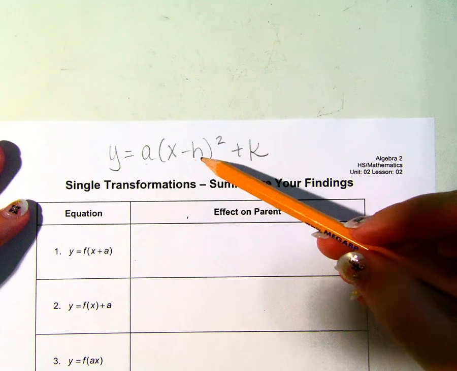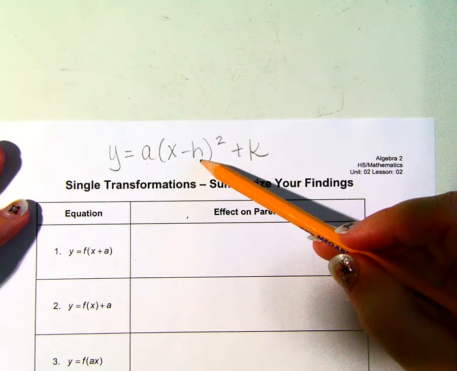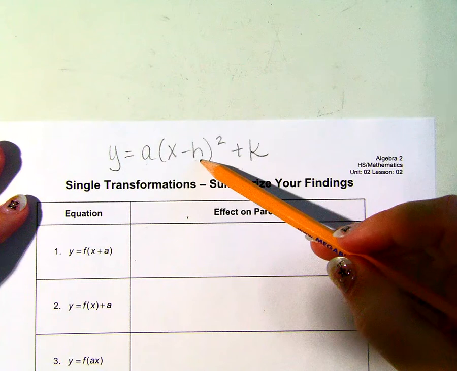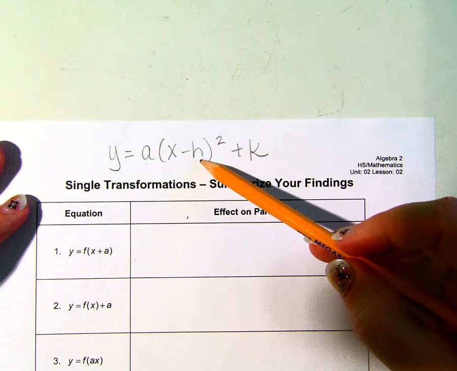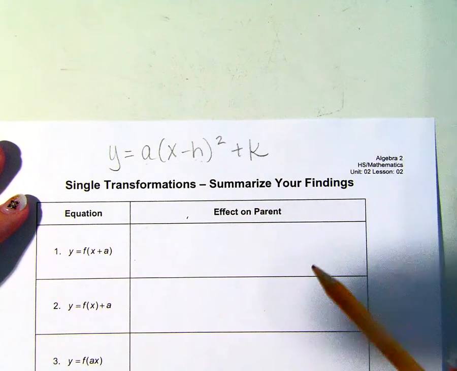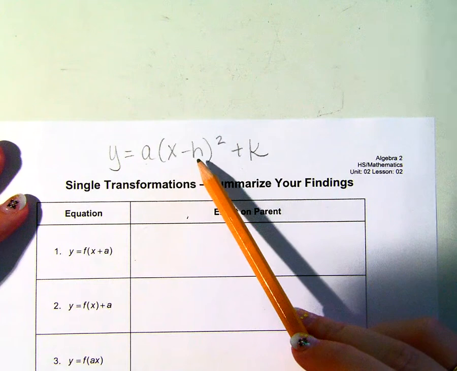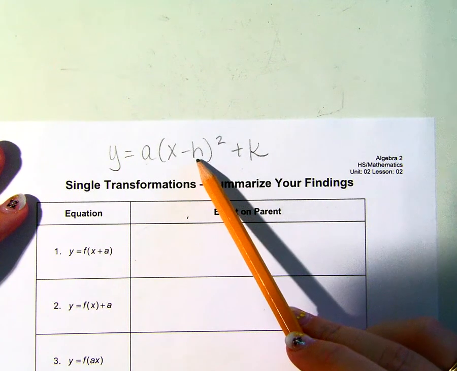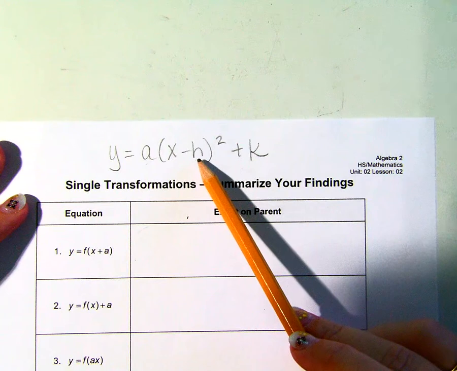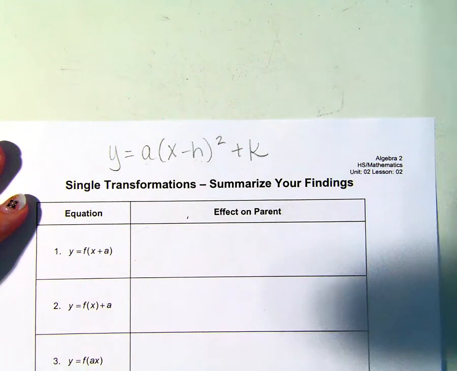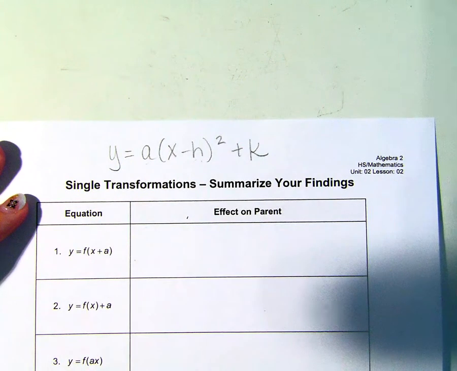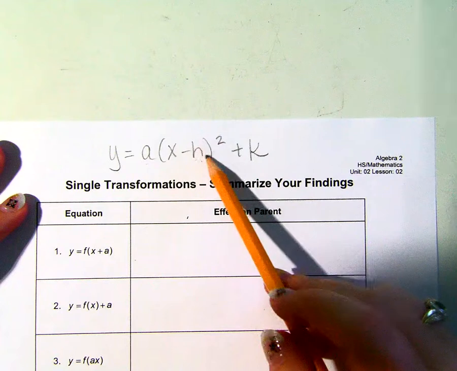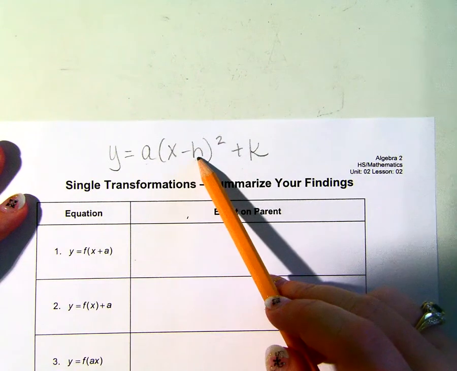Let's start right here. Is this inside or outside? You said inside, right? What direction is something going to move if it's inside? Well, guys, what word starts with the letter H? Besides Hunter, horizontal. So if something's inside the parentheses, which direction is it going to move?